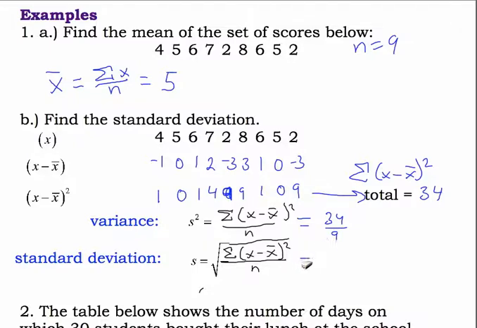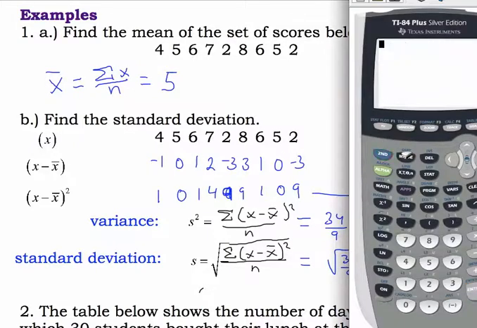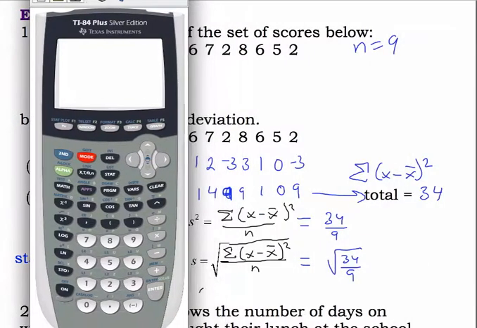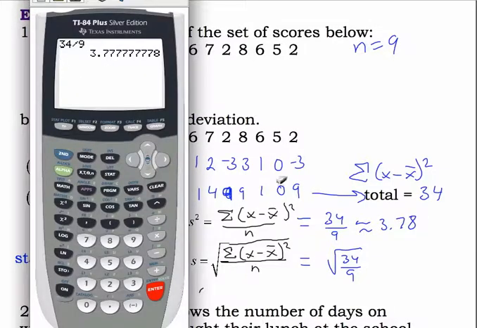And to get the standard deviation, we do the square root of 34 over 9. So 34 divided by 9 is about 3.78, so the variance is approximately 3.78, and the standard deviation is going to be the square root of that number, which is about 1.94.